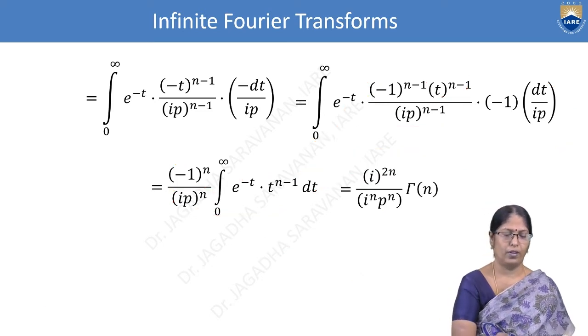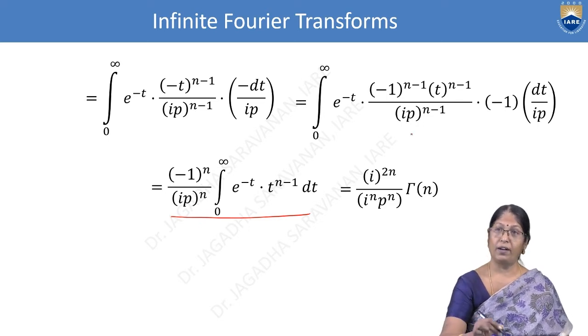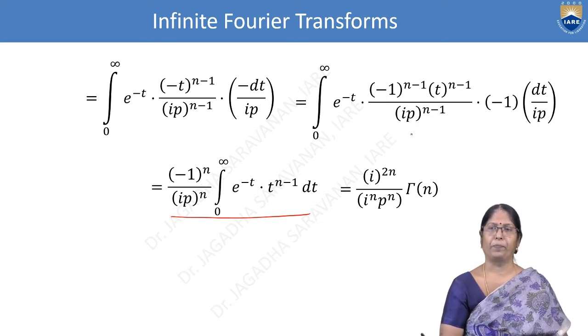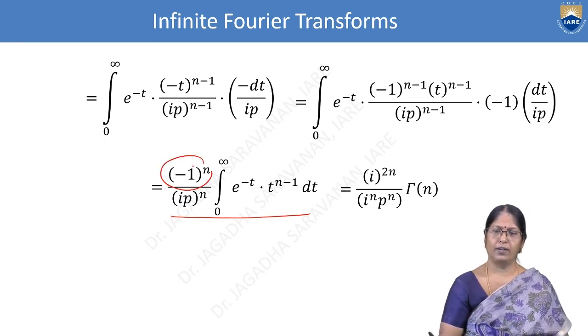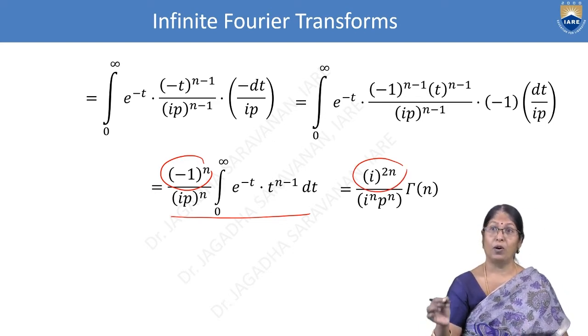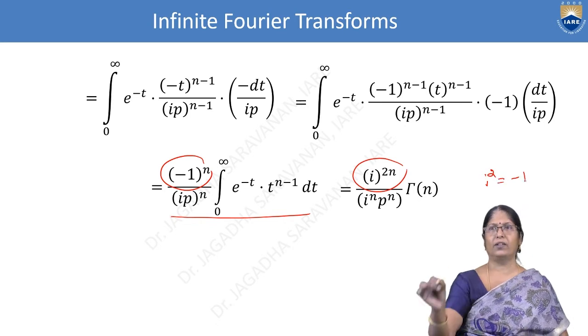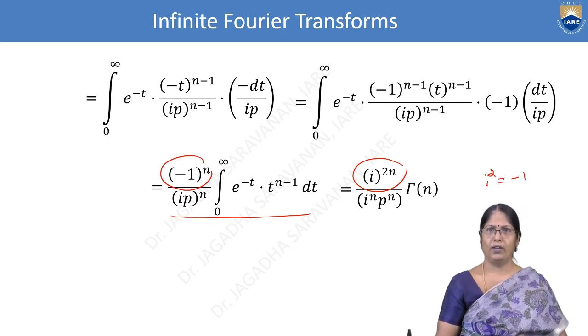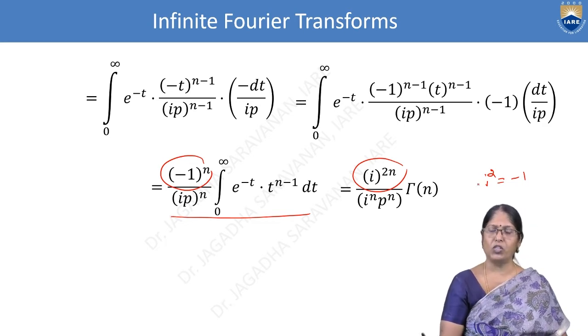Now, up to here, how we got it is clear. Minus 1 power n, but in the next step it has become i power 2n. We know that i square is nothing but minus 1. So the minus 1 is replaced by i square.